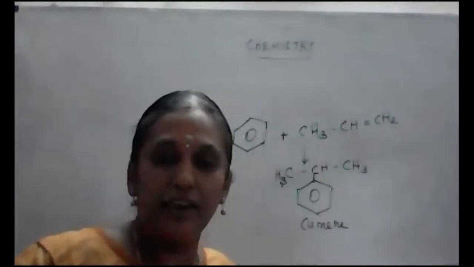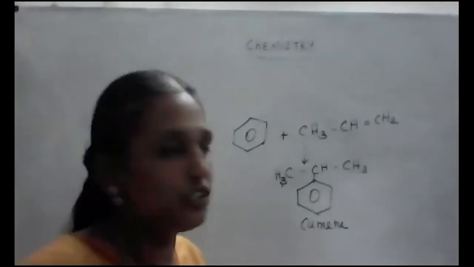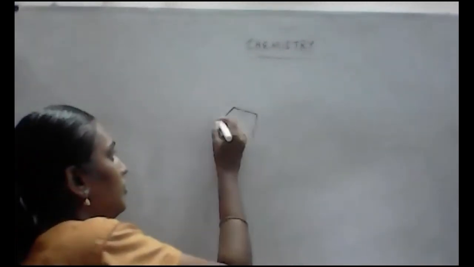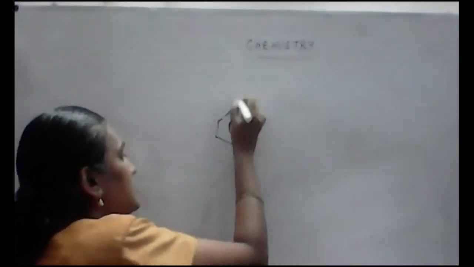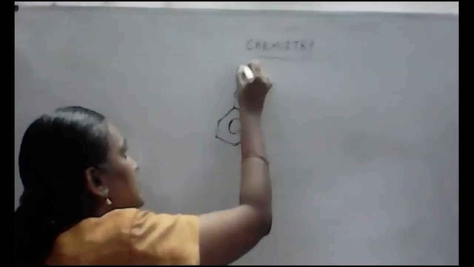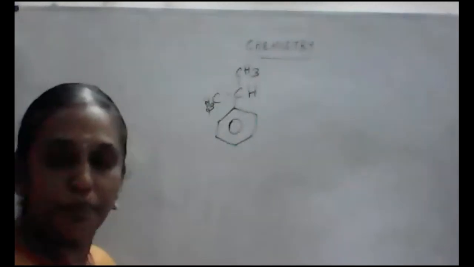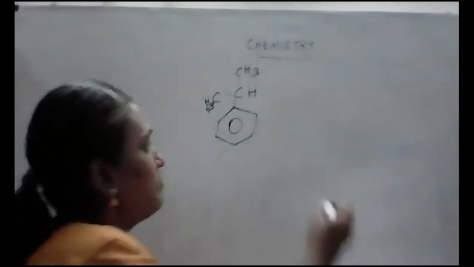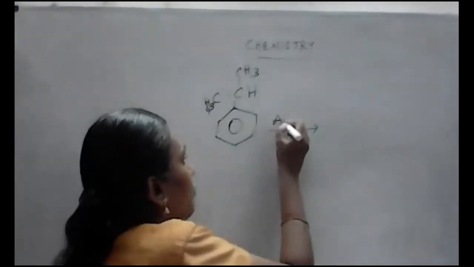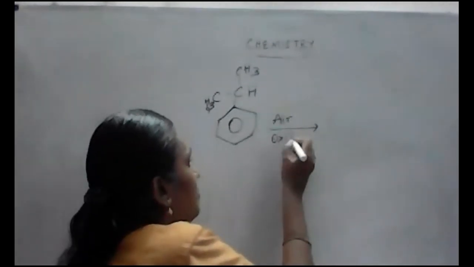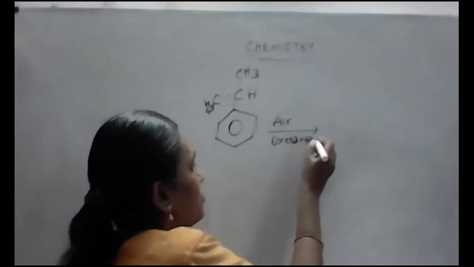Now this cumene must be converted to phenol. For that, again I take cumene, C6H5-CH(CH3)CH3. This is the isopropyl benzene. We make this undergo air oxidation.